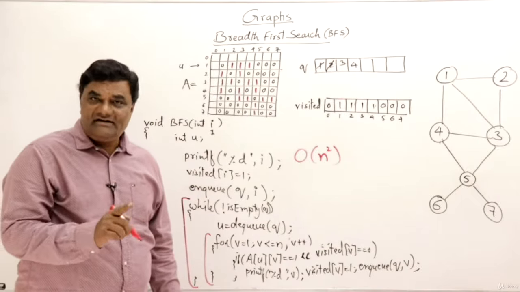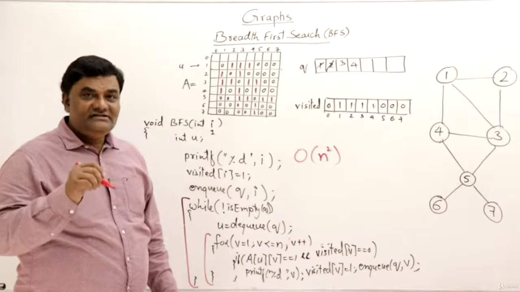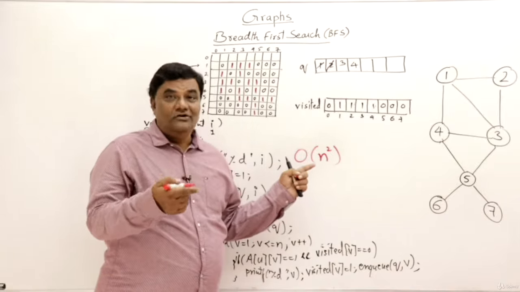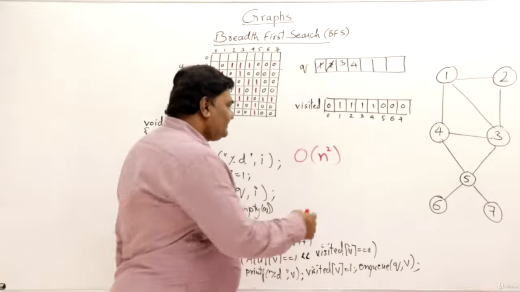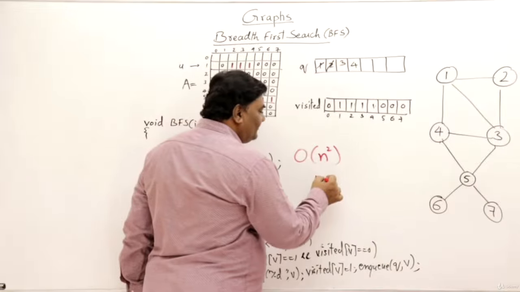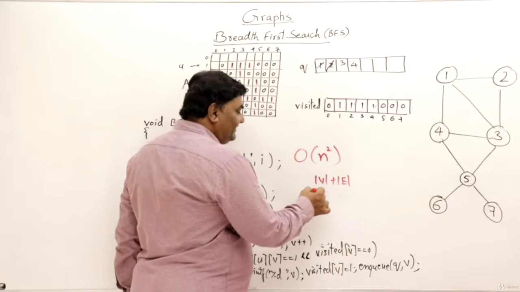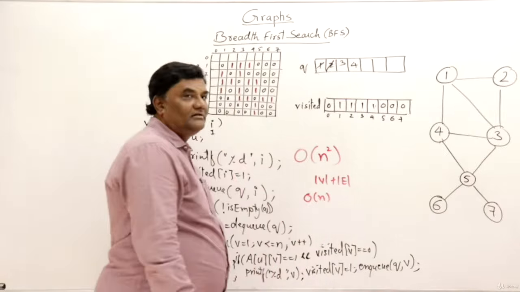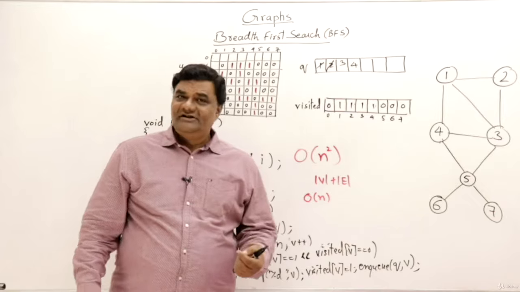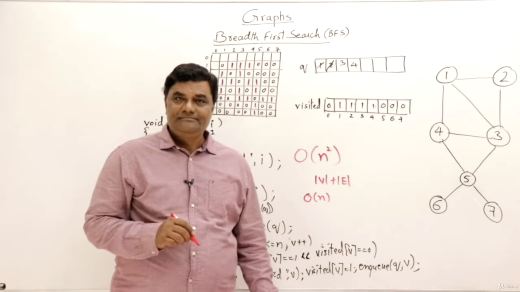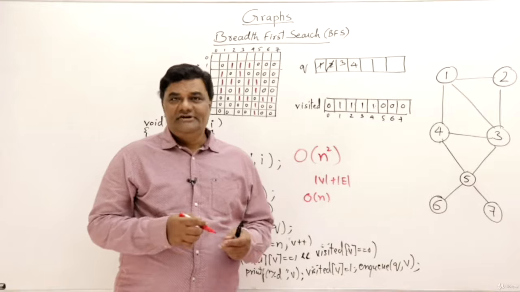If you are not using a matrix, if you are using an adjacency list, then the time may be different and it may be order of n, because the time will be dependent on the number of vertices and number of edges. So we can say it is order of n. Then the implementation using linked representation, I will directly give you a demo. That's all in this video.